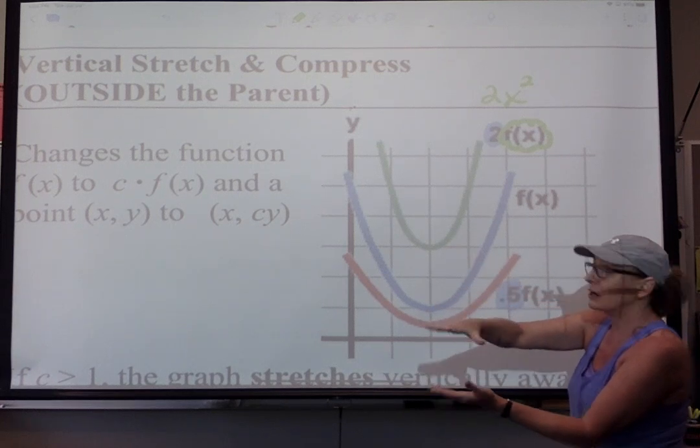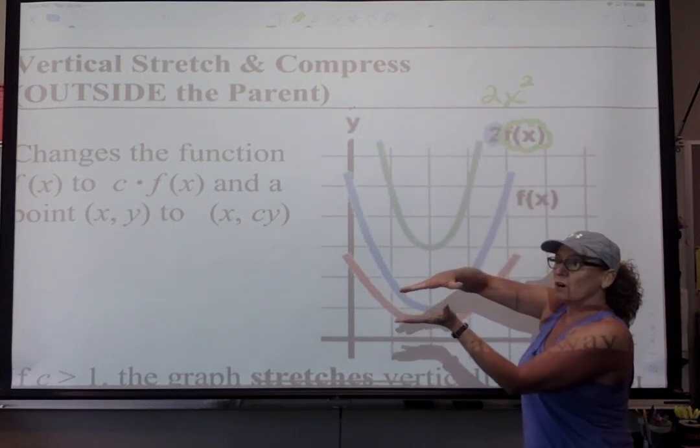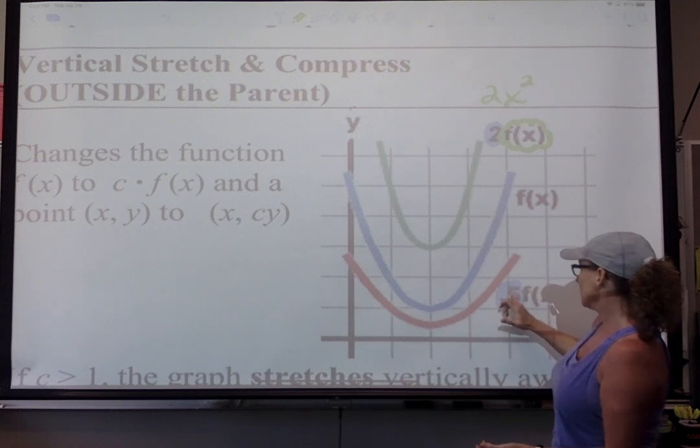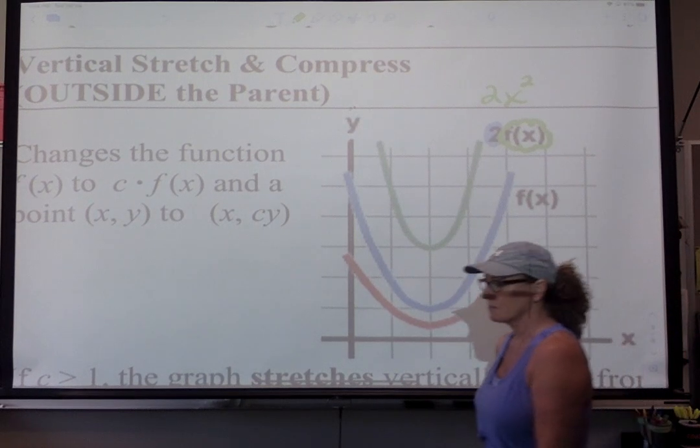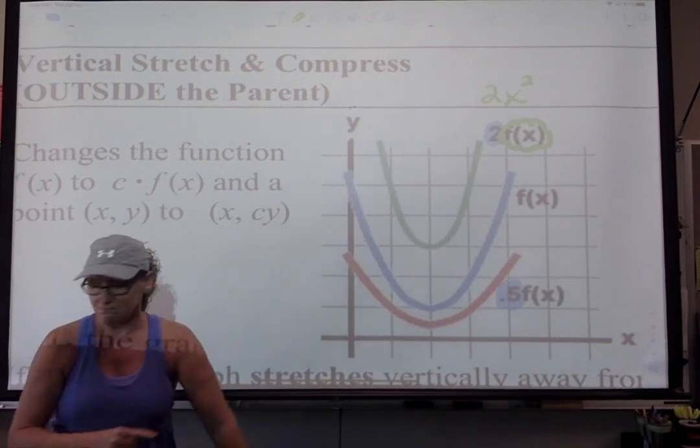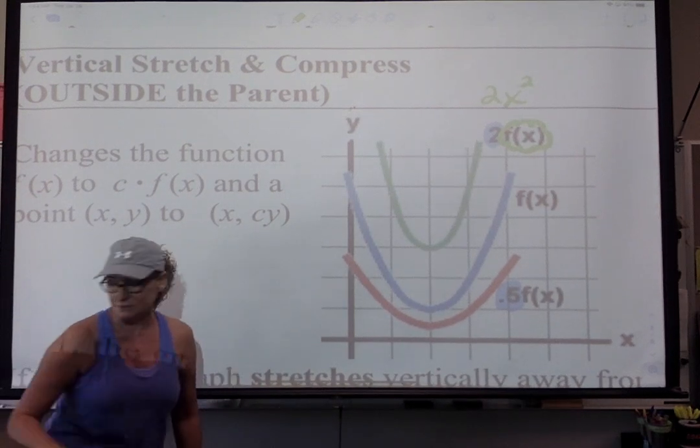It's going to vertically compress. Bigger than 1, we're going to vertically stretch. Fraction between 0 and 1, we're going to vertically compress. Now, take that thinking and backwards it.